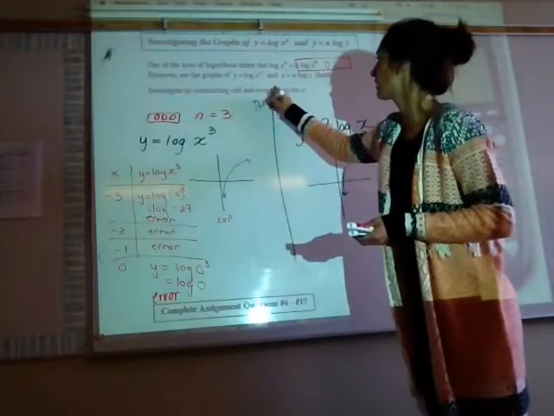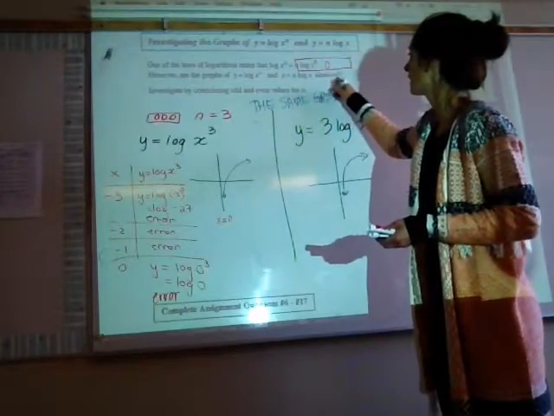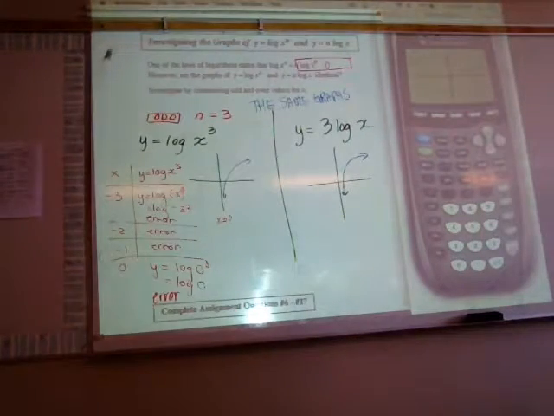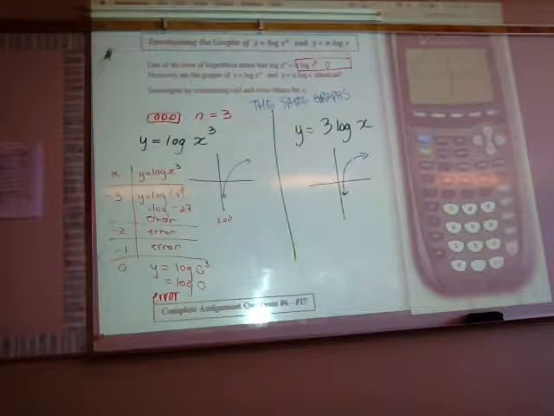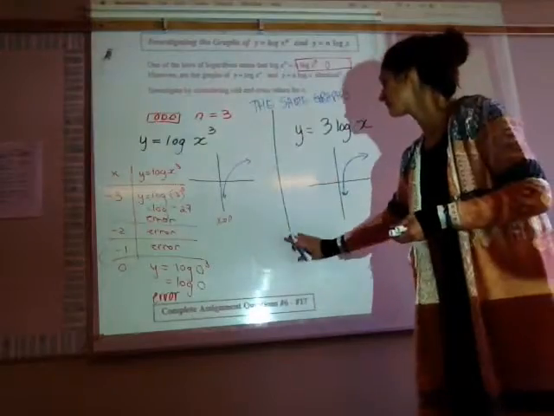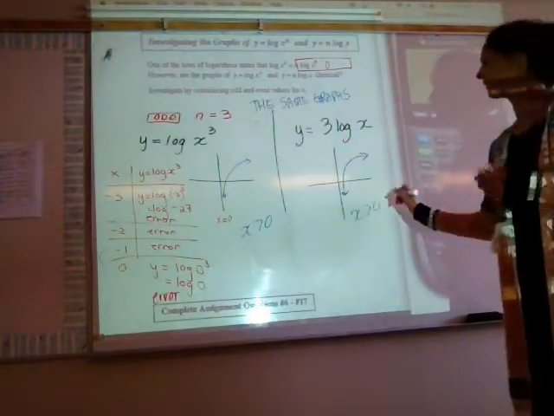We have the same graphs, where x can't be 0 or anything negative. We get error, error, error, error, error. Which gives us our domain, right? Like x is greater than 0 here, x is greater than 0 here.